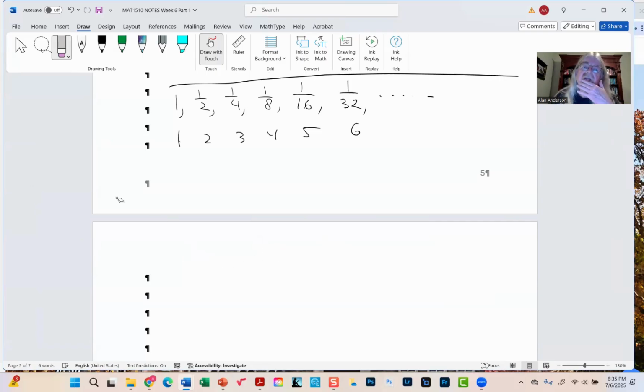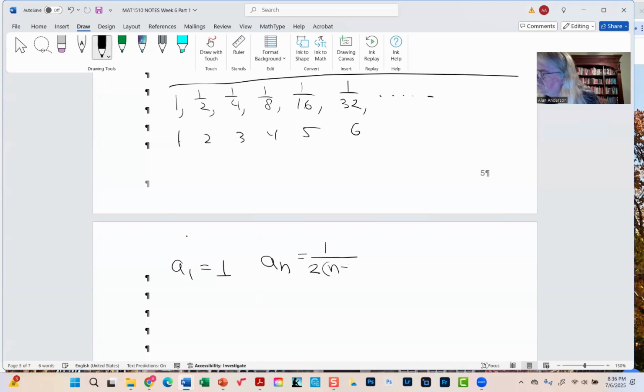Actually, what we could do here is write it as a recursive sequence, where A1 is 1, and then after that, A_n is something.